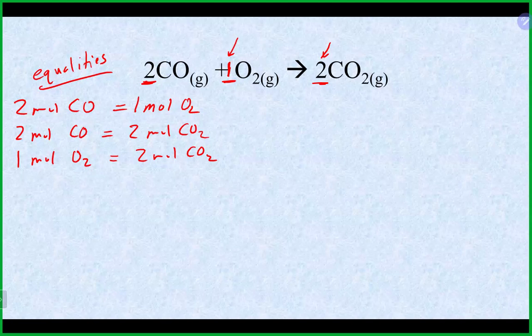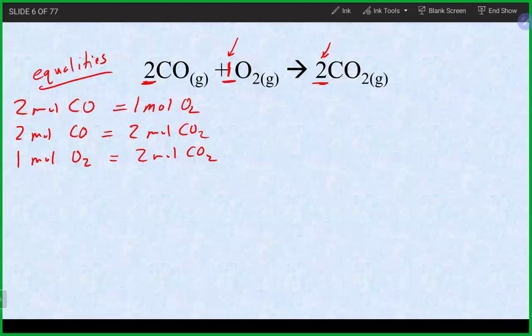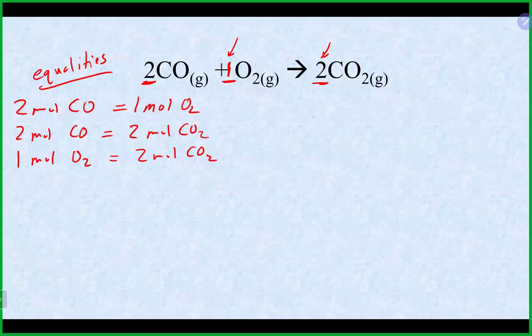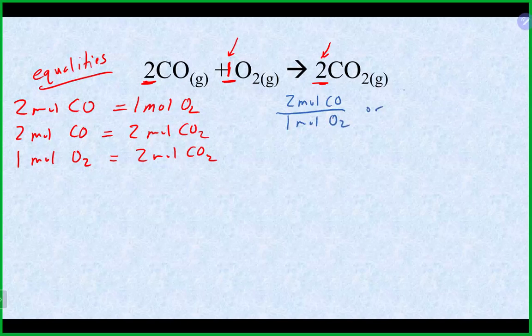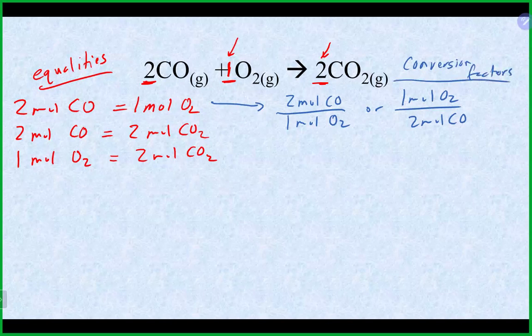Now, these are really equalities, just like any other equality we talked about earlier on. For every equality that you have, you basically could have 2 conversion factors that you could write. And we could write 2 conversion factors for each of these equalities. For example, 2 moles of CO over 1 mole of O2, or 1 mole of O2 over 2 moles of CO. That would be the 2 conversion factors we could get from that one.